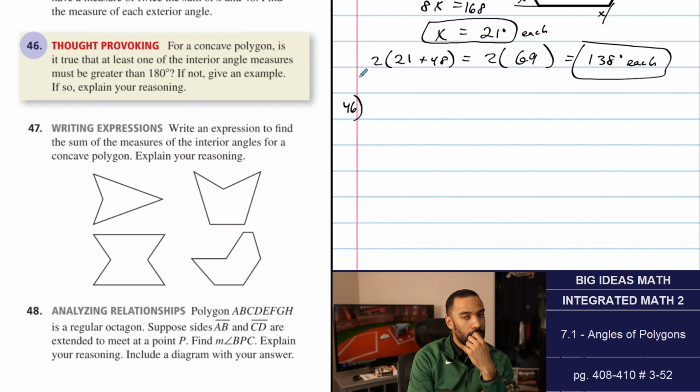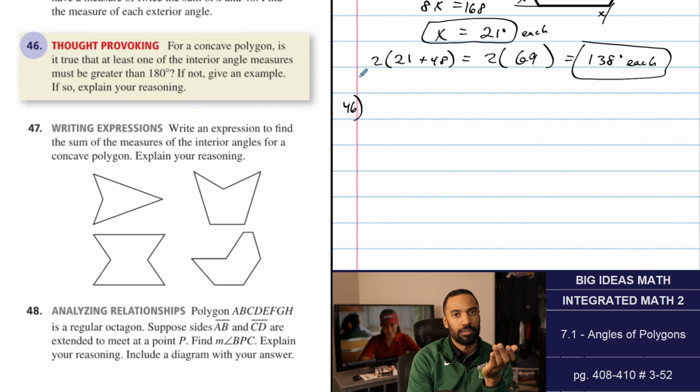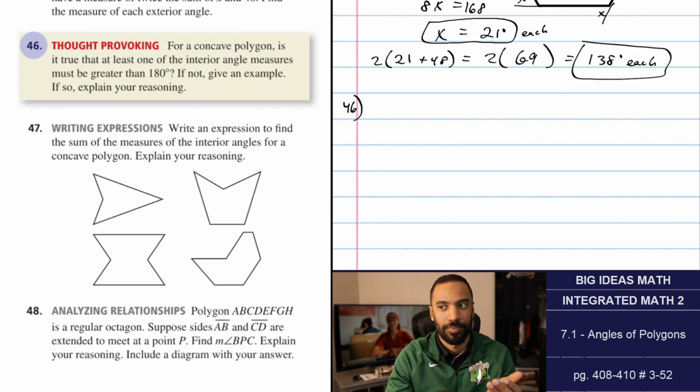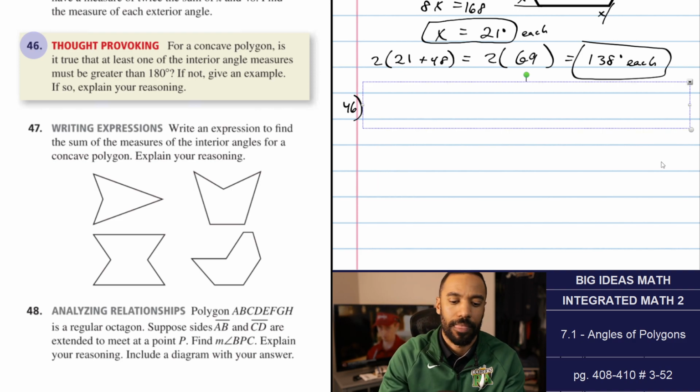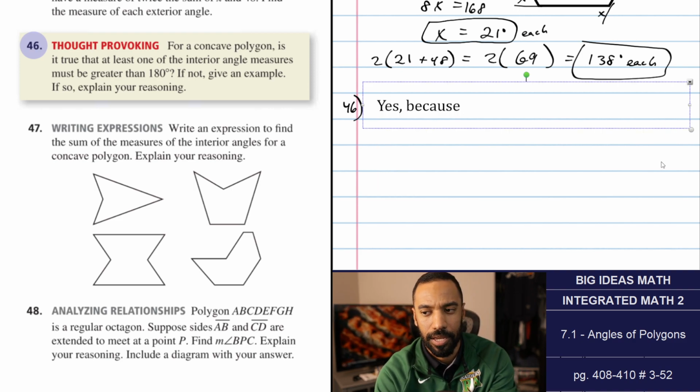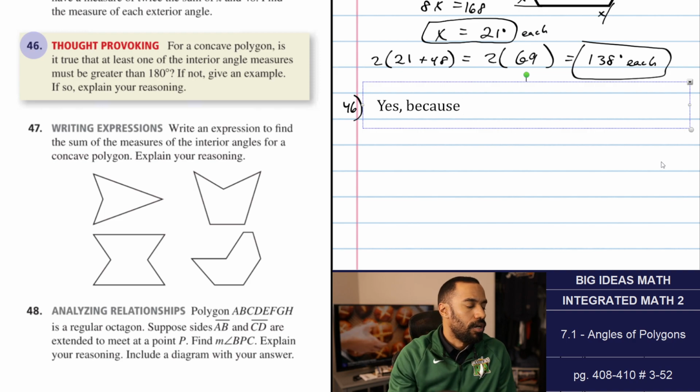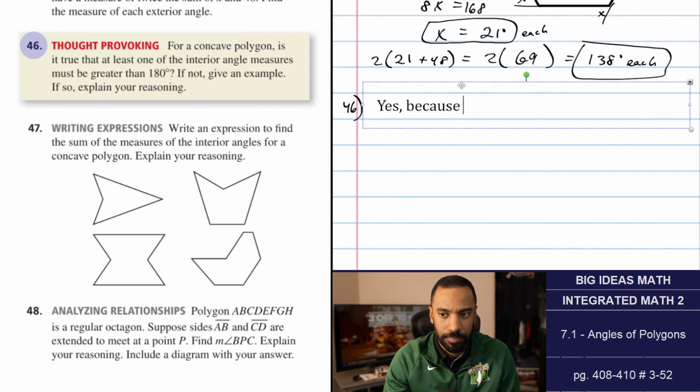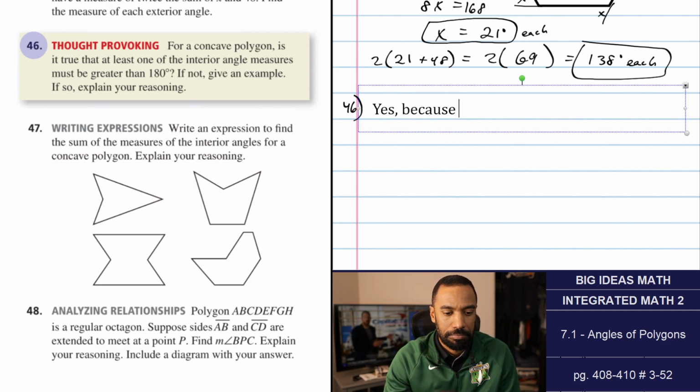Yeah, I think so. Yes. So, yes, because that's its definition.